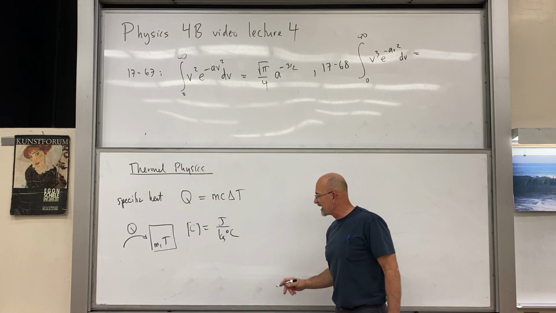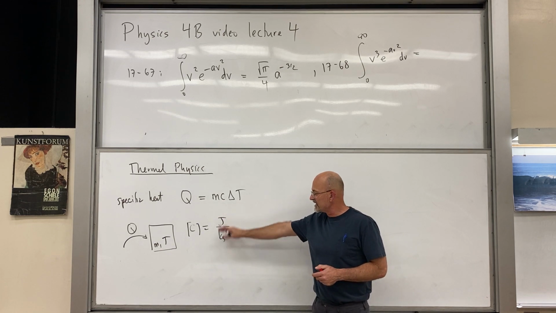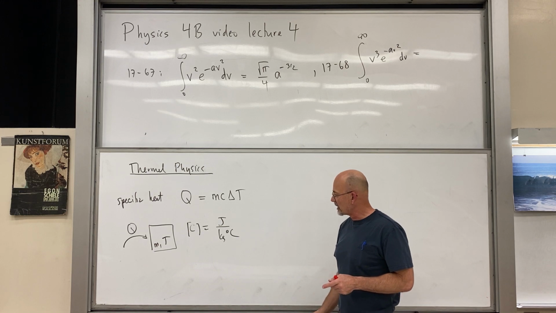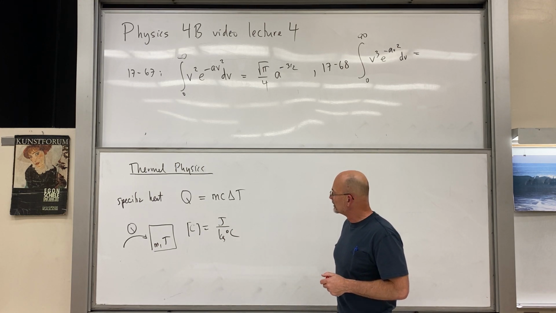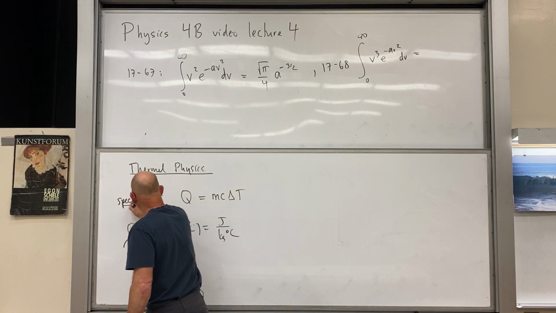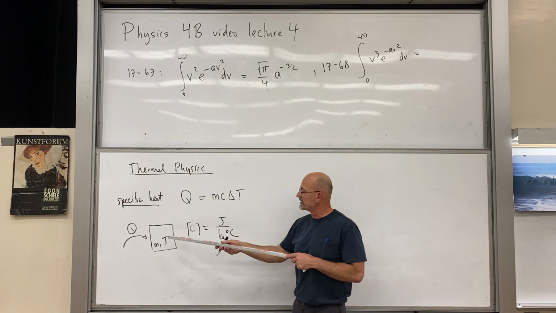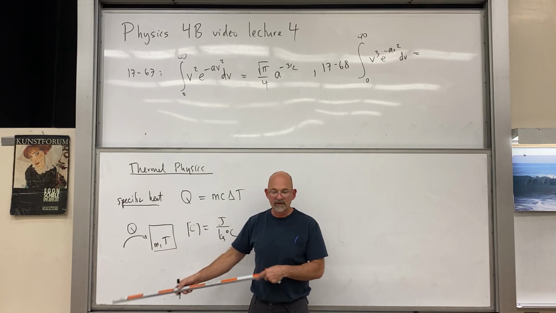Okay. And I even had asked you guys to put together a table of some of these values. I gave you 3, you can get another half dozen or so. Have them in your notes, that way you're aware of them. Okay. So yeah, that's a specific heat. And if the delta T is negative, then that means that energy left. So energy can go in, energy can flow out.